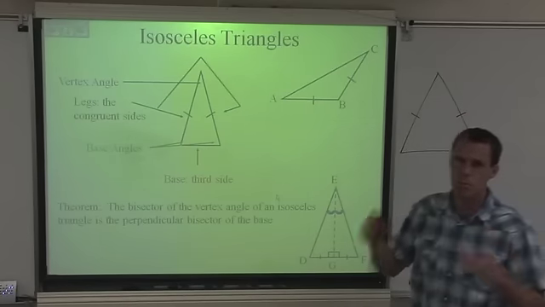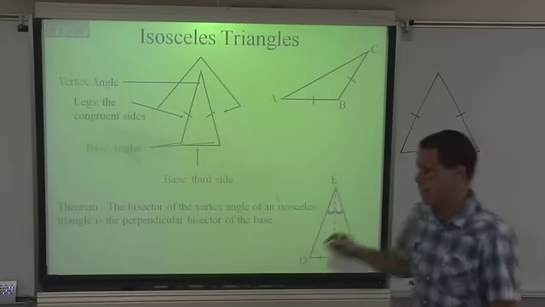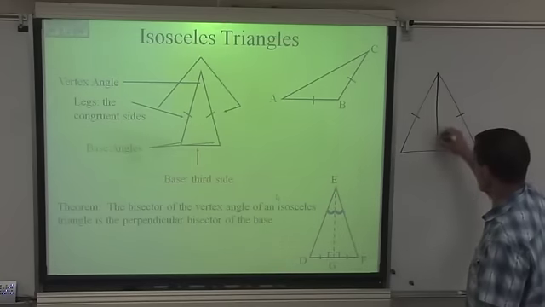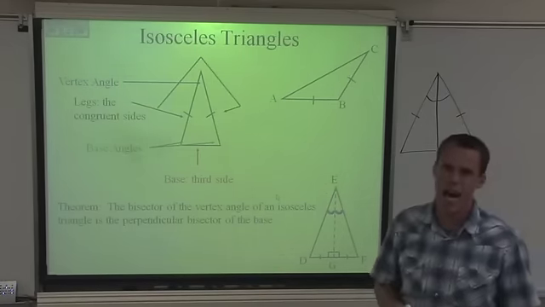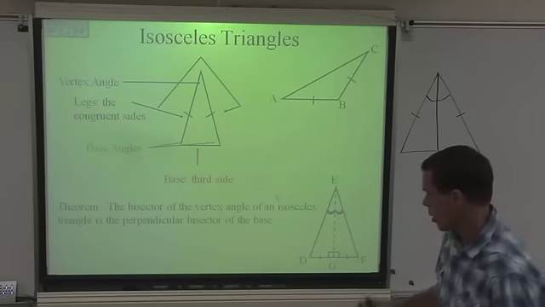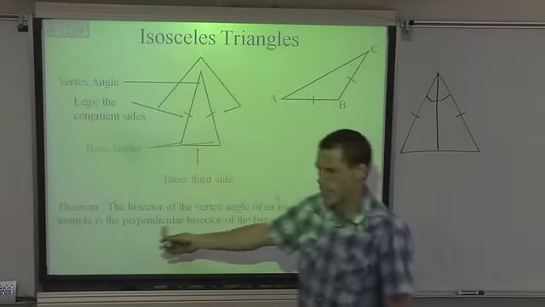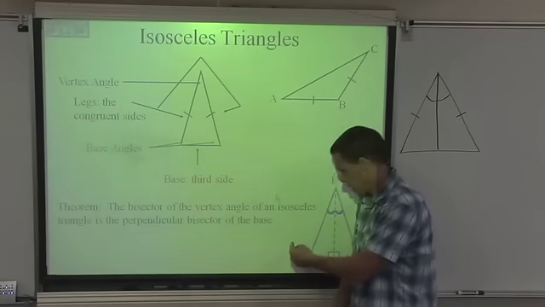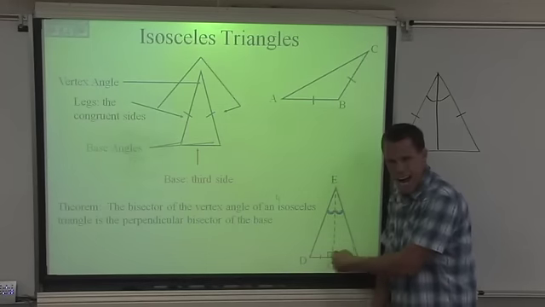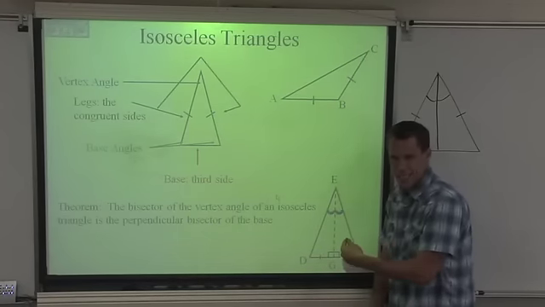Then I'm going to bisect the vertex angle. So the idea is if we have just these markings, we get the conclusion that it is the perpendicular bisector of the base. These markings right here are added second.